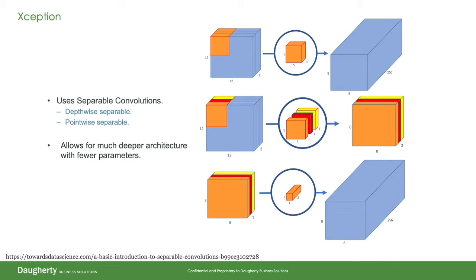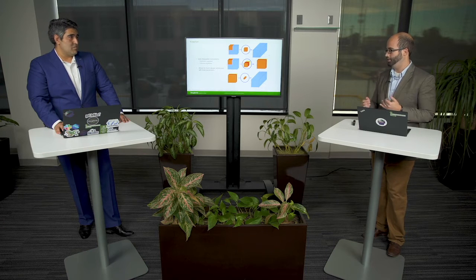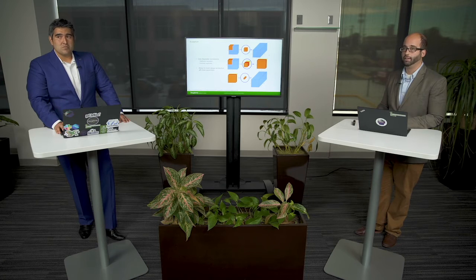Then, we take the 8 by 8 by 3 and apply a 1 by 1 by 3. Since that's 1 by 1 in the spatial dimension, it's only working on the channel dimensions. And we use 256 of these to get us back to the original 8 by 8 by 256 output. Turns out, by doing this in 2 separate stages, it's actually a lot fewer parameters. In this case, it's about an order of magnitude of 25.